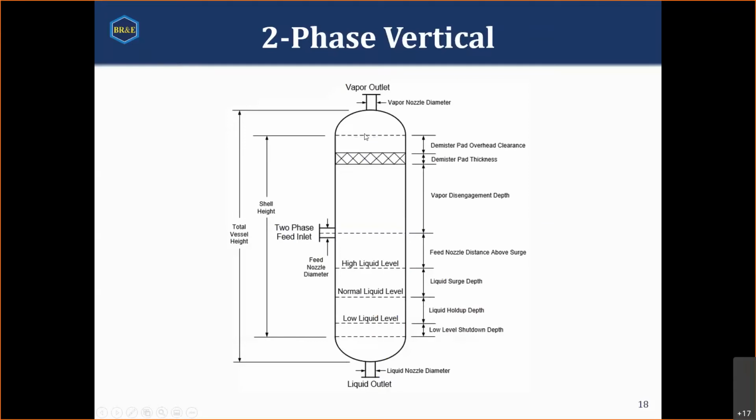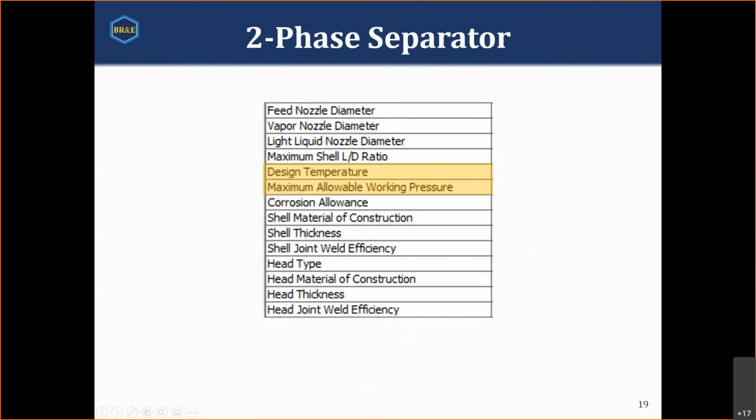And additionally, ProMax, while it will report a total vessel height and a total vessel volume that accounts for this space, whenever we are taking a look at the separation that is occurring, we do not consider the fluid to flow in the headspace. There are some additional parameters that you can input that do not have an impact on the sizing of the separator, but have more to do with additional calculations, such as how thick the separator is going to be, such as the design temperature and the maximum allowable working pressure.